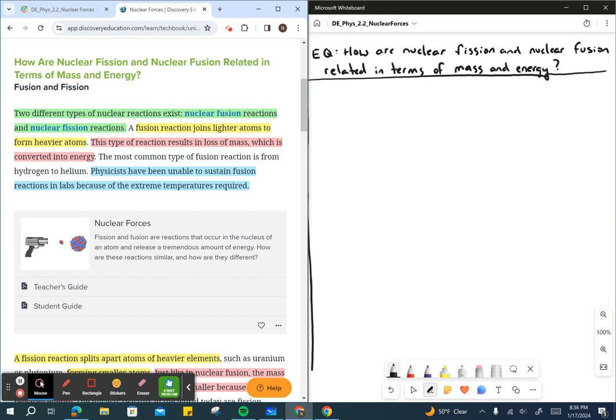So think about what you know. We've talked about nuclear fission. We've talked a little bit about nuclear fusion. Other teachers you've had in the past perhaps have communicated this as well. What are you thinking right now?